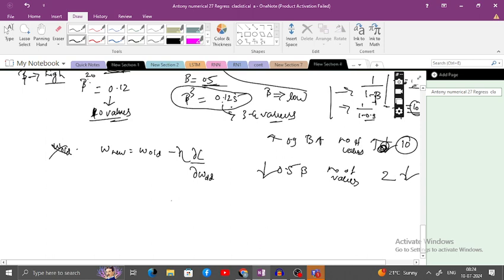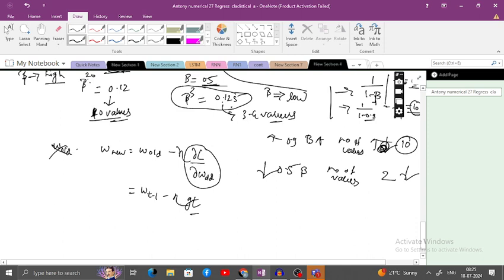So now what is W old? W t minus 1 is the older condition. Eta, I will call this gt. I will replace this with g, simply one term.